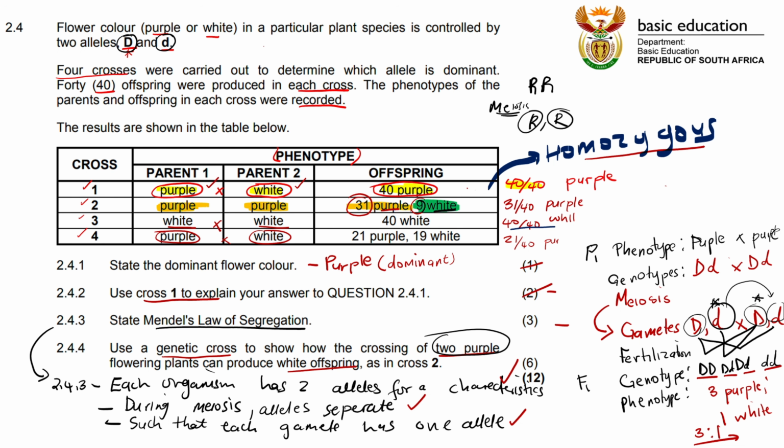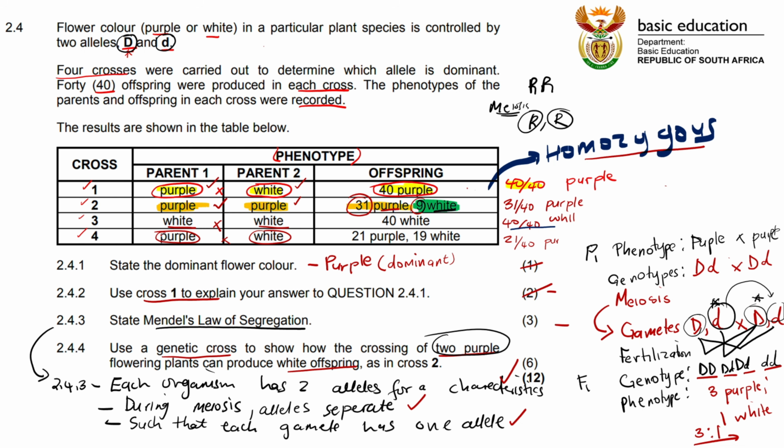One is completely dominant and the other is completely recessive. When you are crossing the same things, purple and purple, but you get offspring that is not only purple, there is also white in it, it means there must be a heterozygous condition. It means that there's a mixture of the alleles. Some of it is dominant, some of it is recessive, the dominant being the one resulting in purple, the recessive being the one resulting in the white offspring.